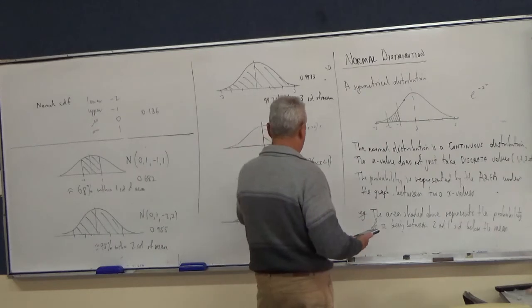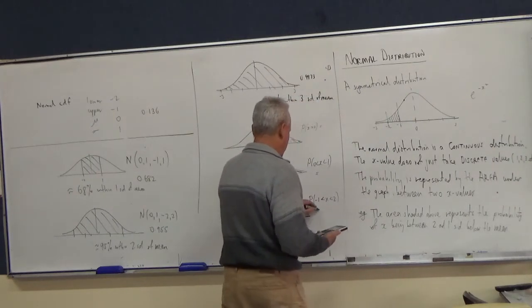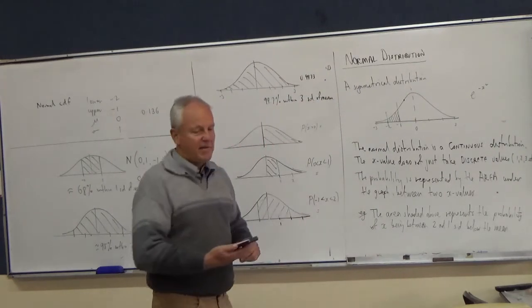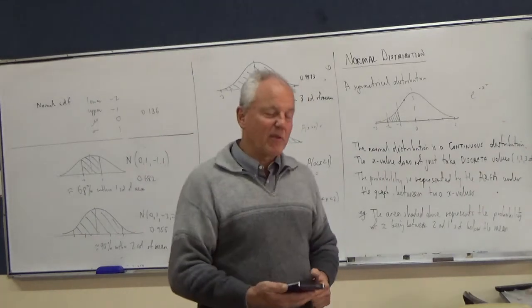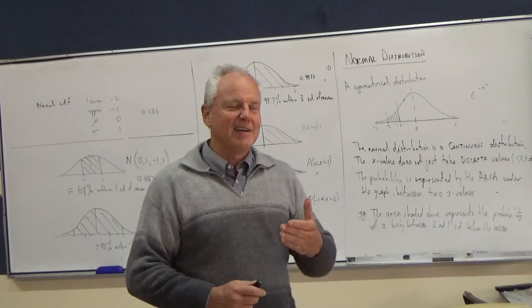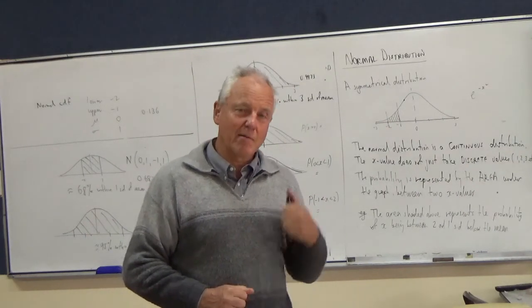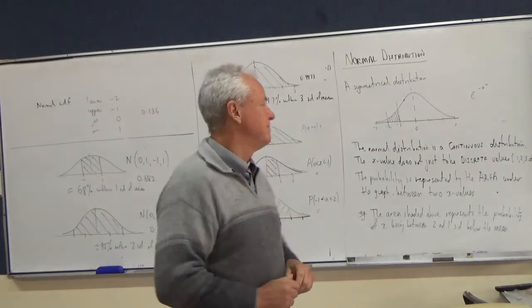So the probability that -1 is less than x is less than 2 equals, right? Have a go at those without using your calculator. Maybe pause for a moment and then we'll come back and have a go at those.